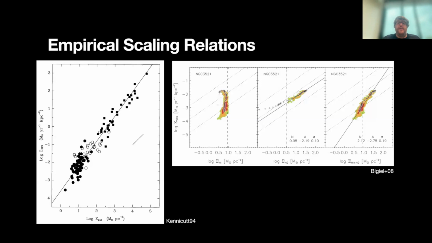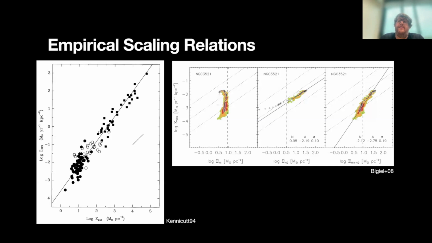So if you split this gas into HI and its H2 components, which is here on the right, this is for one individual galaxy, you start to see that if you just take the HI gas, which isn't really actively associated with the star formation, there's absolutely no correlation whatsoever with the star formation rate. There's a tiny bit of a correlation with the H2 gas, especially at the larger surface densities.